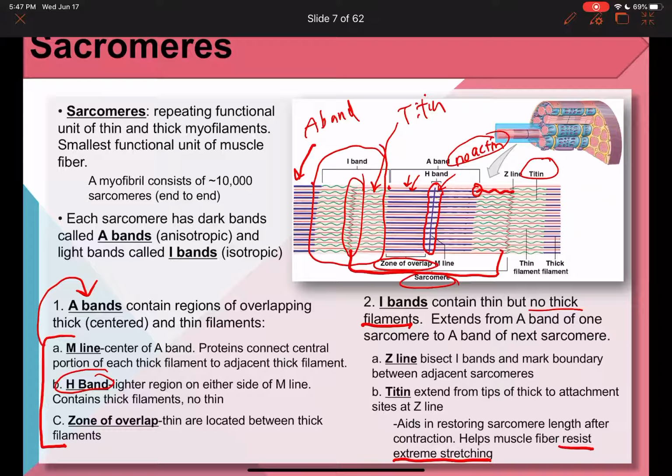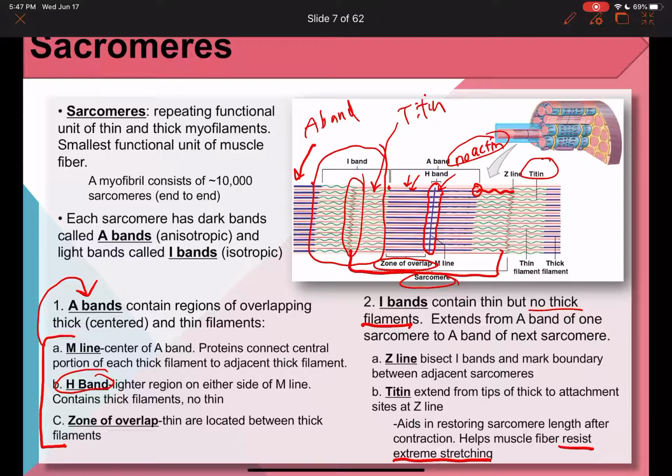We talked about how our muscle fibers are very critical and they may or may not be repaired. So we don't want to stretch out our muscle fibers so much that all these little lines, A bands, I bands we're talking about, start falling apart from each other, because once they fall apart, then you have no muscle fiber contraction.